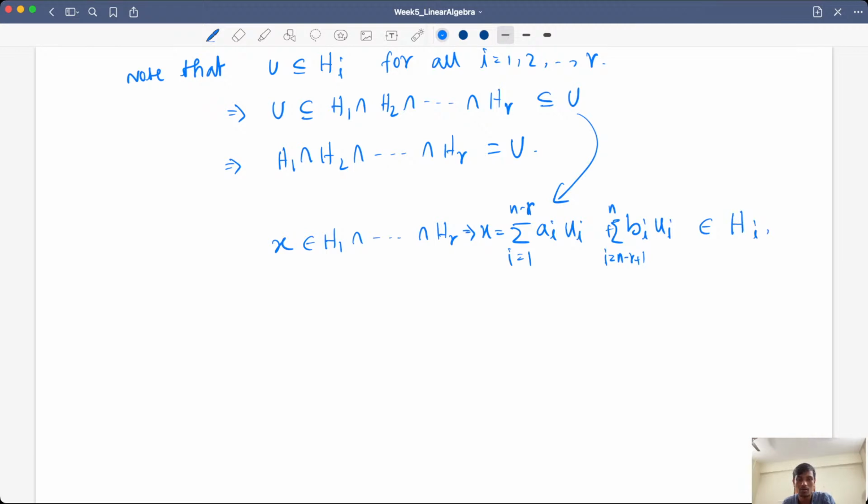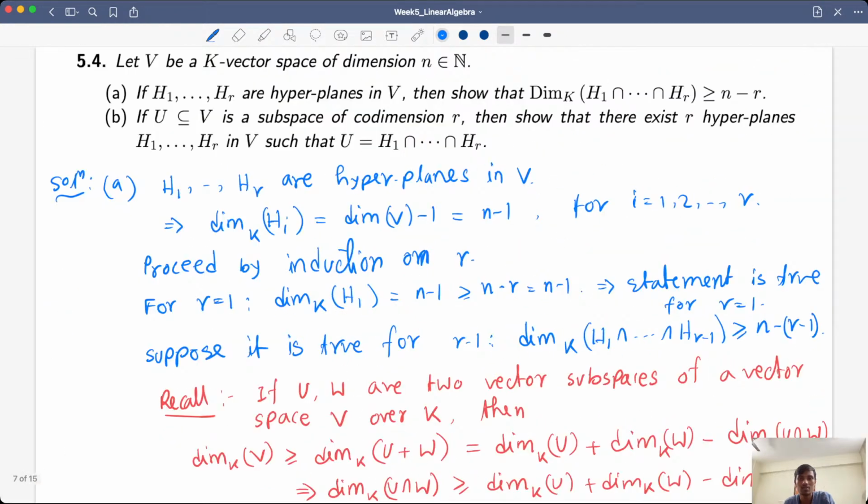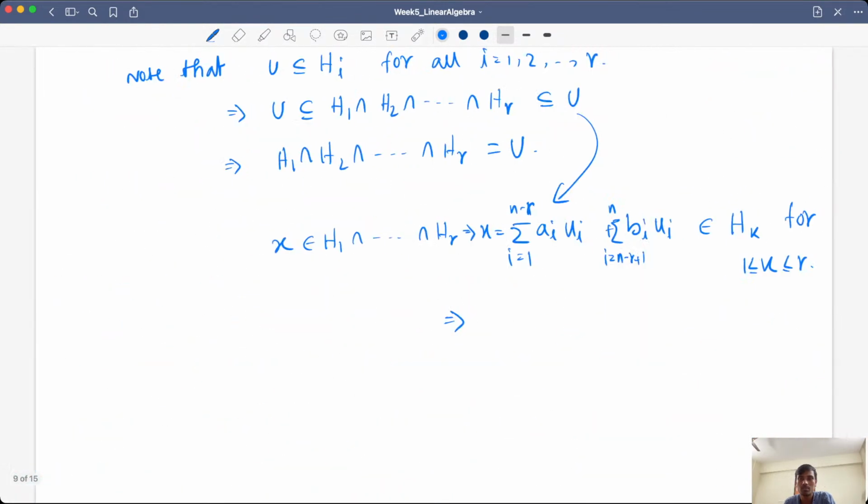Yes, so this thing belongs to Hk for 1 less equal to k less equal to r. So if I consider that this belongs to H1 and that belongs to H2, that will imply that the coordinates of u_{n-r+1} and u_{n-r+2} are 0.